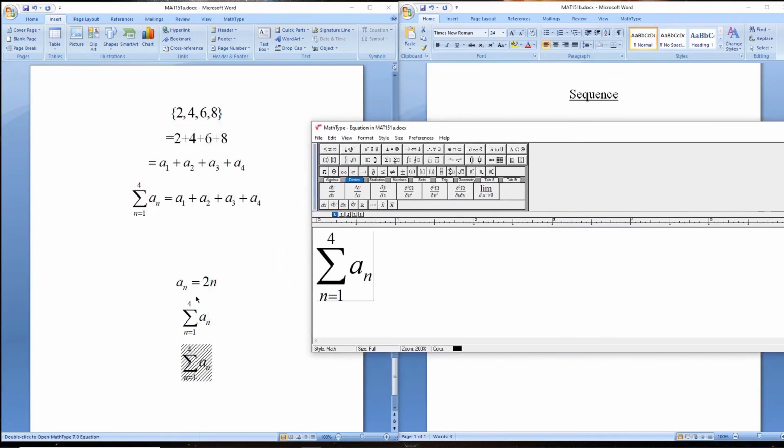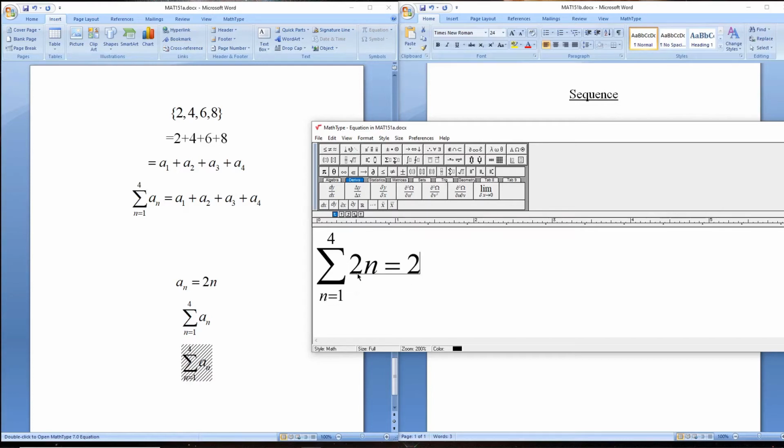We know this a sub n right here is 2n, because that's what we've defined it as. And so what does this equal then? The summation says start with n equals 1, and so that's what we'll do. N equals 1, and so 2 times 1 is 2, which is the first number in our sequence.